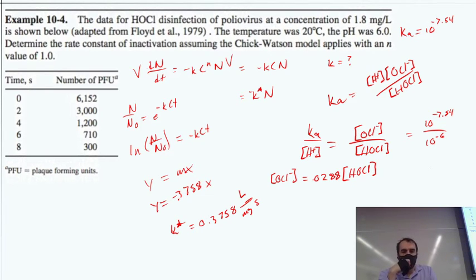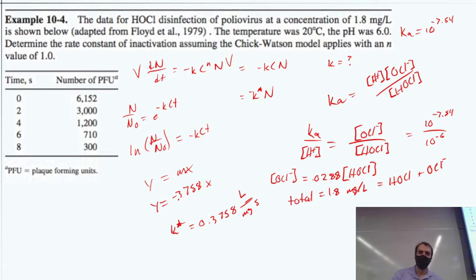All right, so that means if the total is 1.8 milligrams per liter, we now have a way to relate the total, and we could then substitute in for essentially this equation.